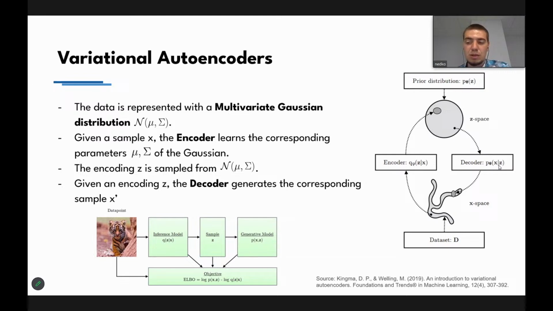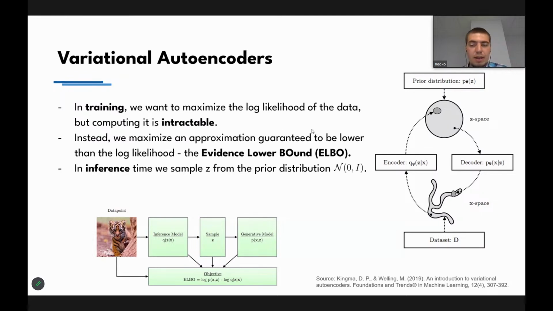If this Z gives me a distribution, I want X to be really likely, right? So the goal in training is to maximize the likelihood of X being generated by Z, which in turn has been generated by X in the first place, right? While training at least. But this turns out to be intractable. It's a very, very difficult problem to solve.